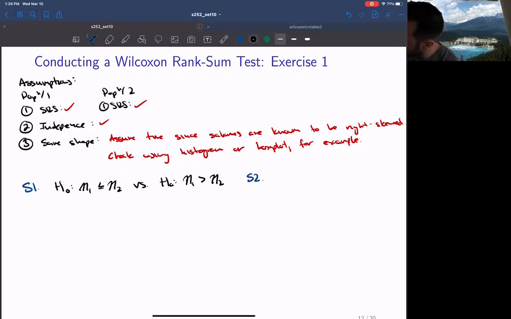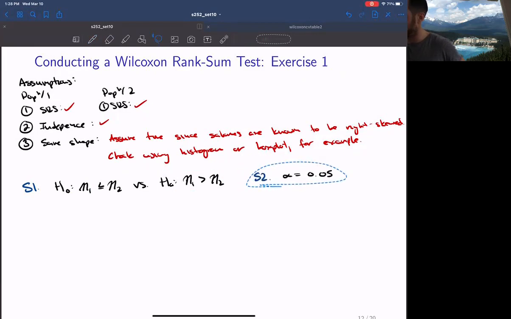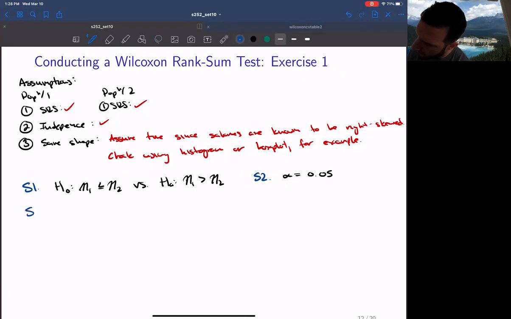On step 2, we have our significance level. Actually, I think I'll just fit this all in the same line here. Or no, I'll write this out in full just so that we have the calculation. Okay, and then on step 3, we've already computed this, but this would be our test statistic, W1.